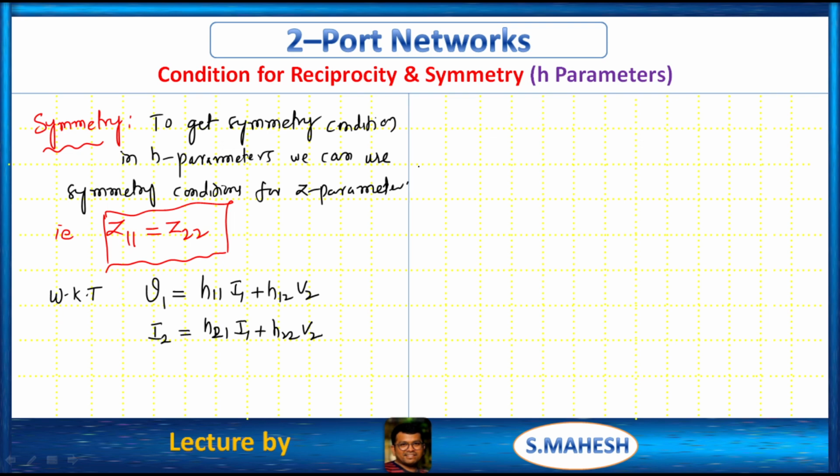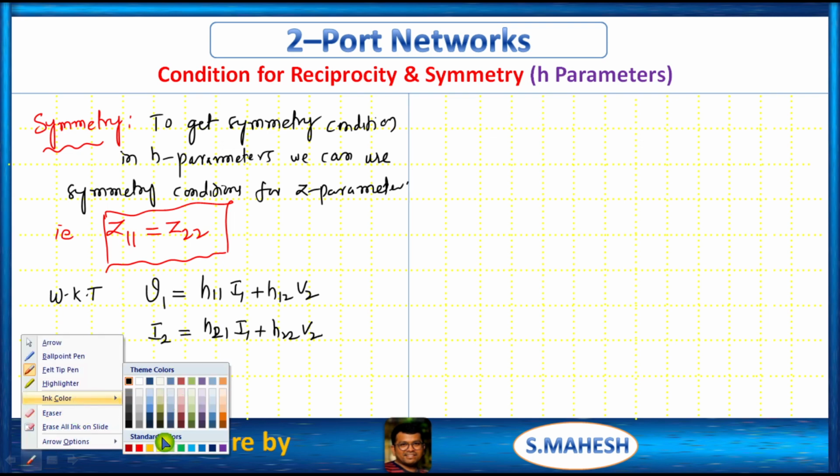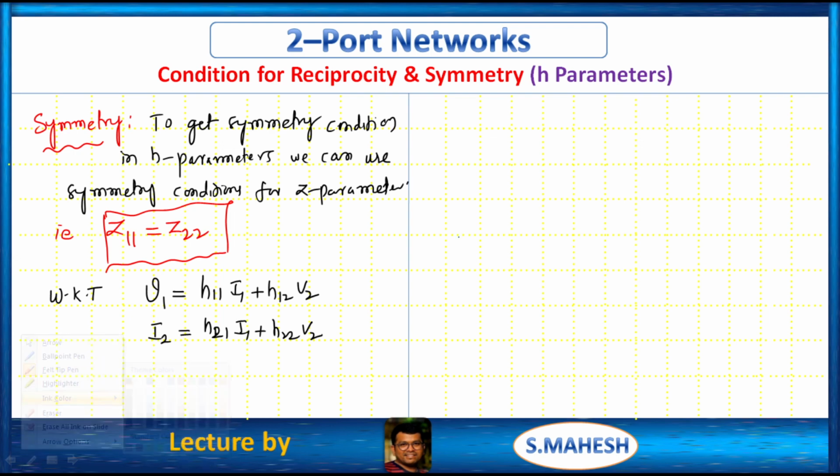Based on this, first we can use Z11, which is nothing but V1 by I1, right? This is, for example, equation 1. Z11 is V1 by I1.